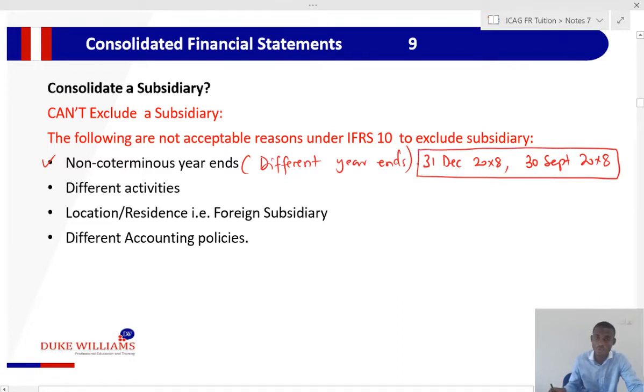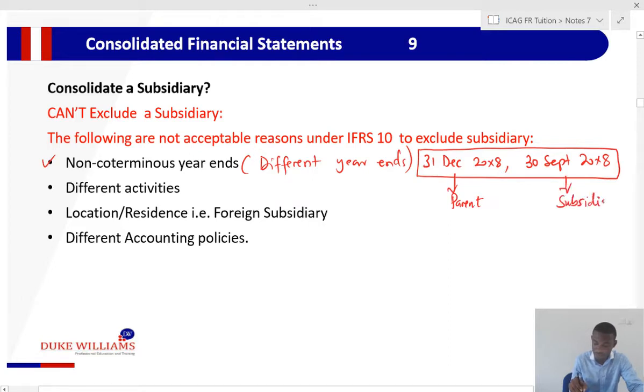Now, where these different year ends exist, the principle set out in IFRS 10 is that A must still consolidate B with adjustments. And adjustment is only allowed where there is a 3-month period either before or after. So here there is a 3-month period before the end of the year for the parent. This is for the parent, and this is for the subsidiary.